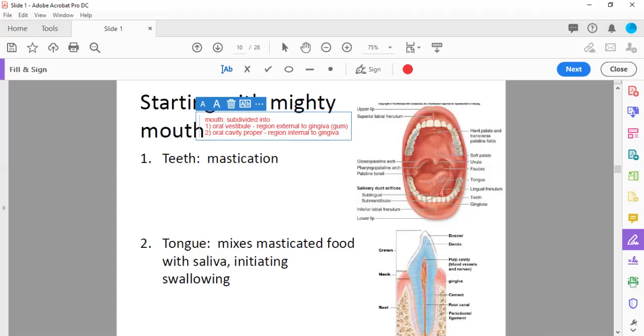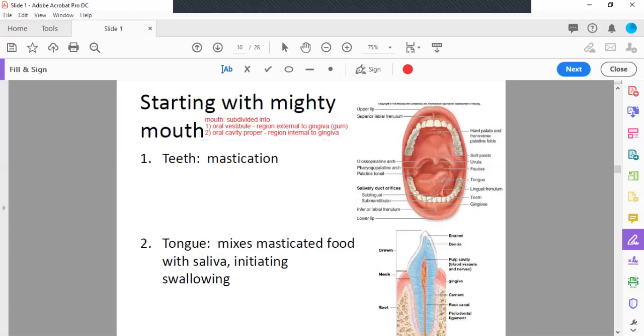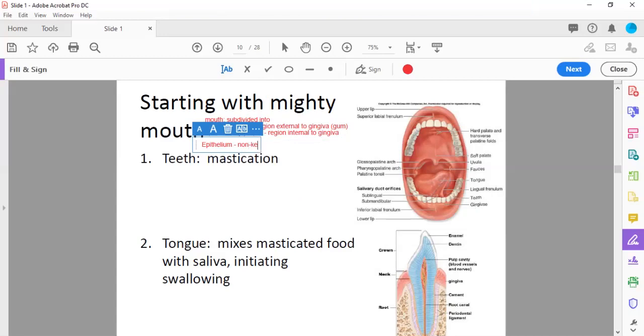Now, the next question I want to ask you is this: what type of tissue is in the mouth? What type of epithelium is in the mouth? You should know this. The answer is, very good, non-keratinized, stratified, squamous epithelium.